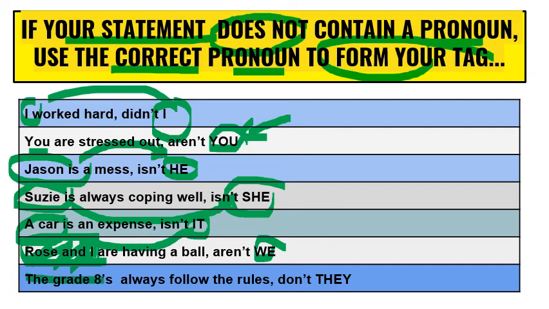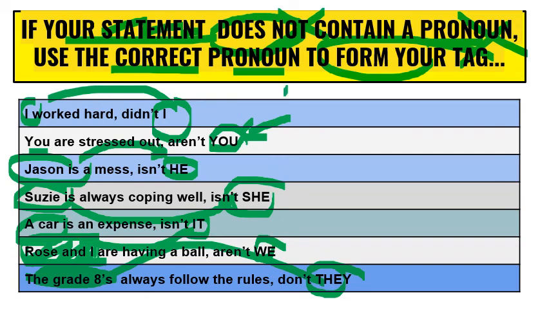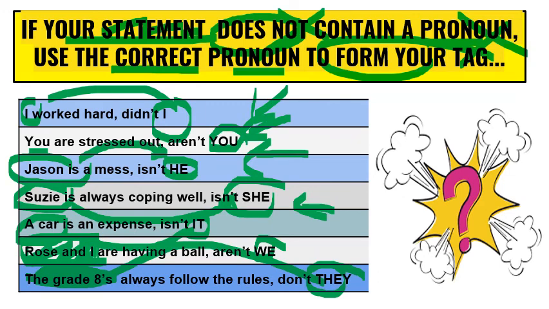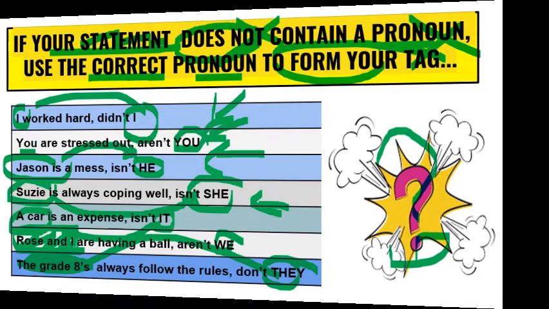Or the grade 8s, now I'm referring to a whole group, always follow the rules, don't they? So when my statement does not have a pronoun, then I must figure out what is the correct pronoun to use. And again, the ever important, ever present question mark at the end.